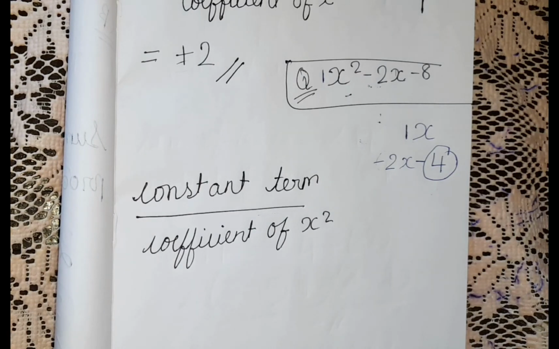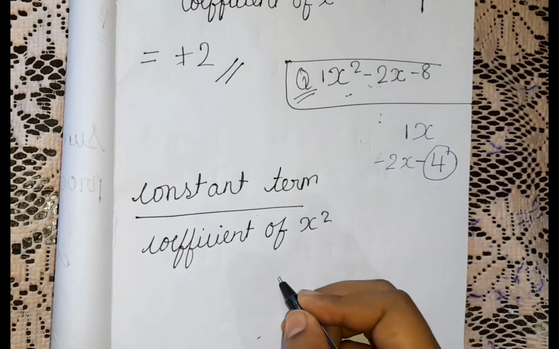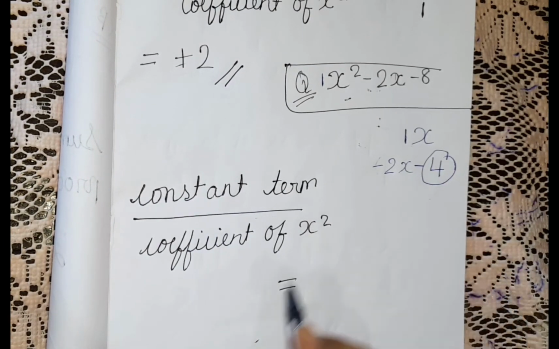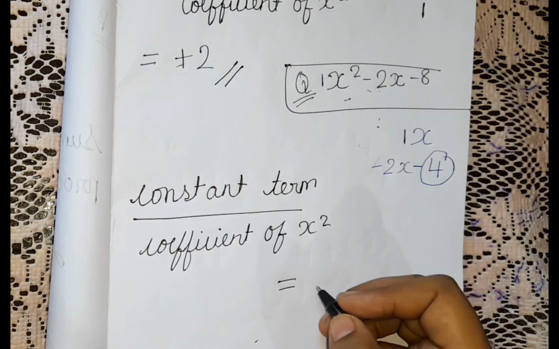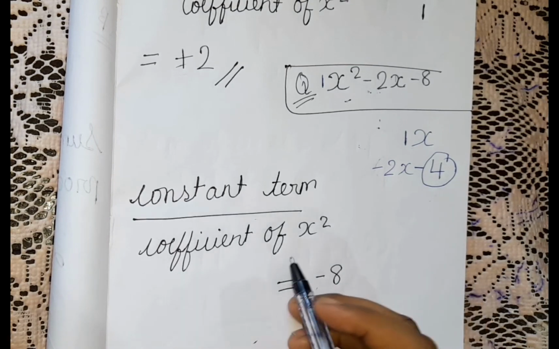Most probably in this chapter we might get x as a variable. So in this minus 8 we don't have a variable, so we take it as the constant term. I don't have any space right over here, so I am writing it down. The constant term is minus 8.